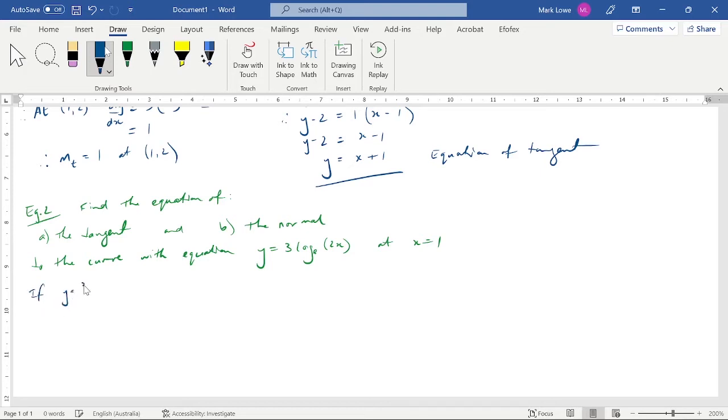If y equals 3 log 2x, then dy/dx will be 3 over x, because it'll be 3 times the derivative of our log function, and the derivative of log 2x is just 1 over x.